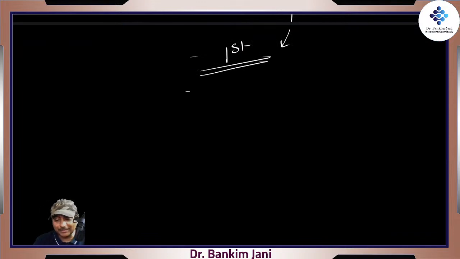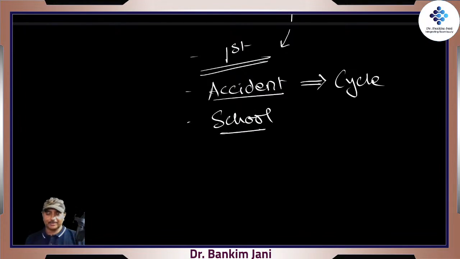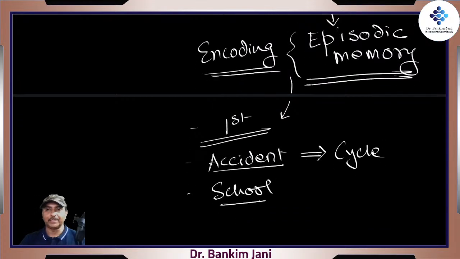Or you remember your accident, that typical cycle accident, you fell, hurt your leg. Or some events in school, like breaking a bench in class. You remember all those things. These are episodic memory. In case anything happens, they start forgetting.